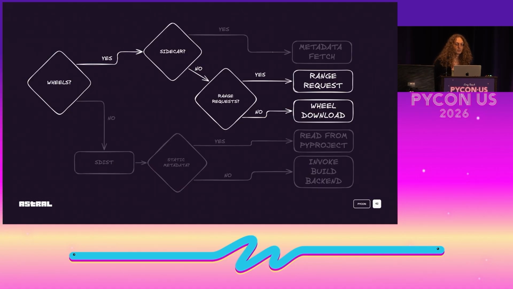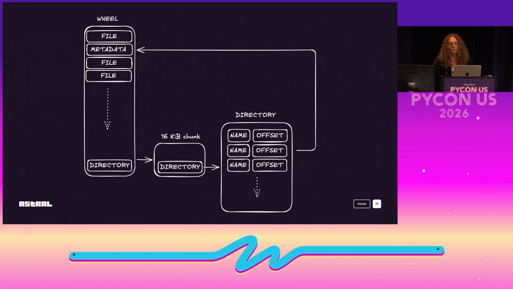If possible, UV uses HTTP range requests to avoid downloading the entire wheel just to determine its dependencies. We can use range requests because wheels are just zip files, and zip files have this central directory at the end enumerating all the files in the archive as well as their offsets.